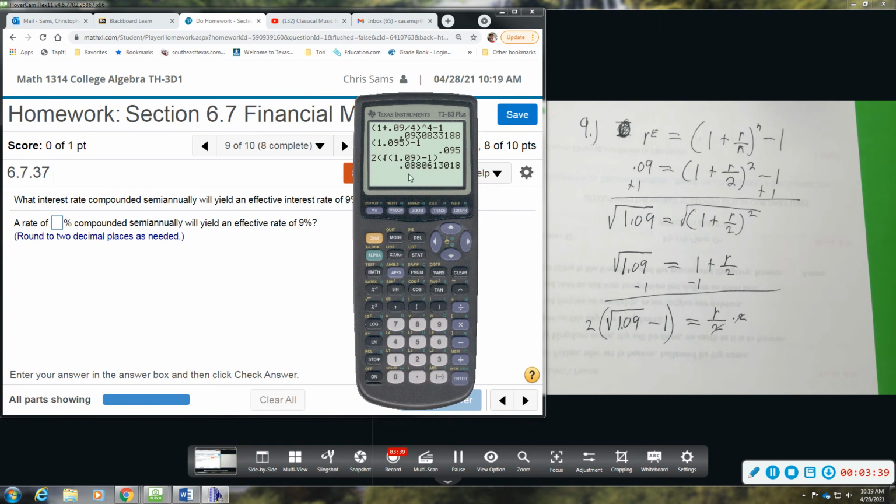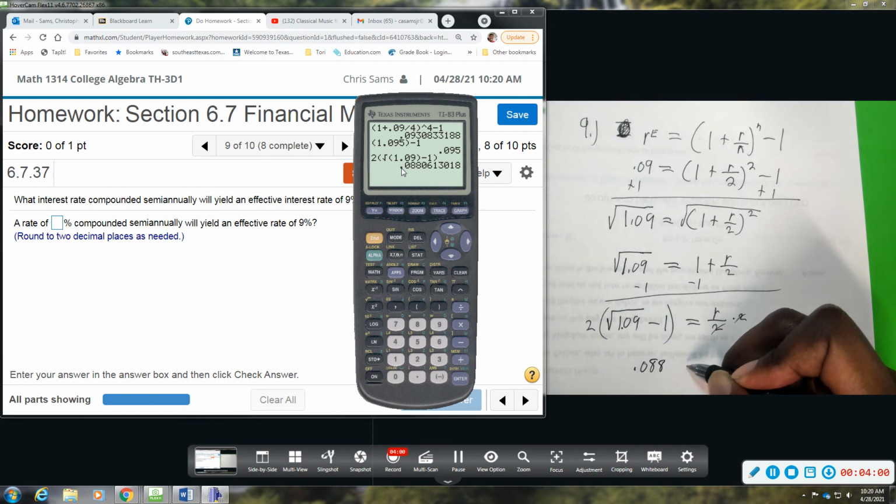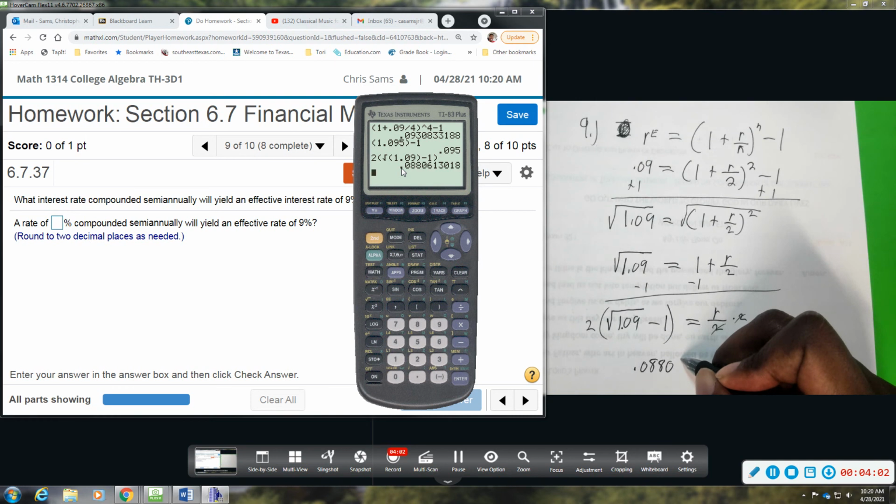So we need an interest rate rounded to 2 decimal places. I don't know if we round before we convert to percentage, if there's a difference. So we get 0.08806.